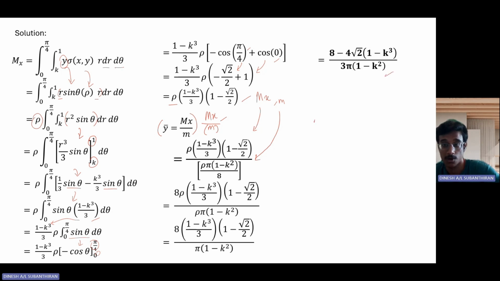So now we do have the value of y, and also we have the value of x, and we have to write it in coordinate form.